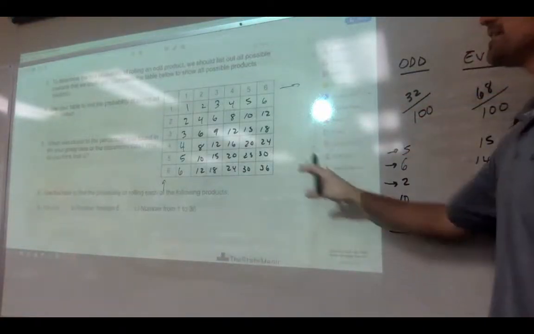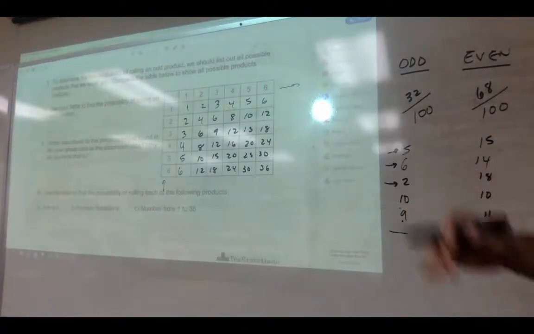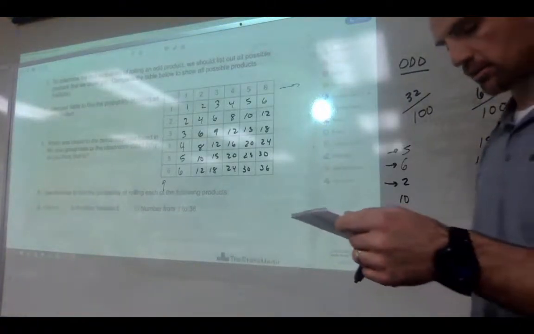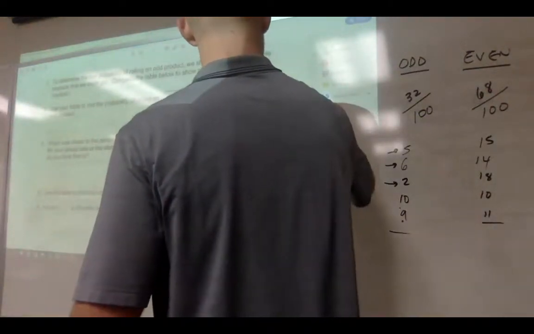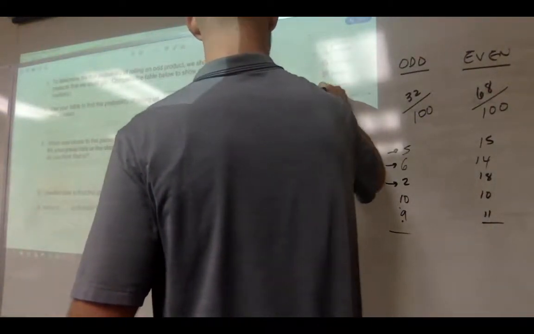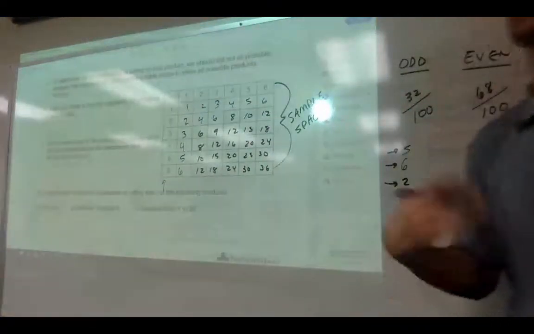So now, this is every single possibility. What this is called in statistics, you ready? It's called the sample space. The sample space is every possibility.